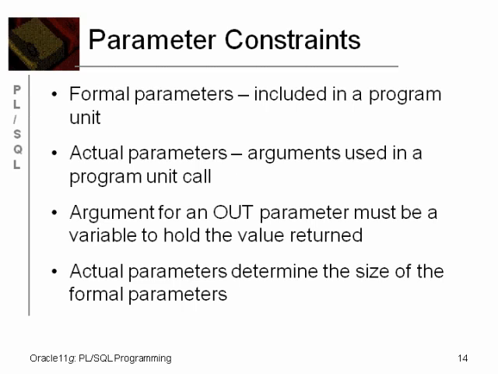The actual parameters are the arguments that are used in the program unit call. So when we call a procedure or a function, we're passing the actual parameters to substitute for the formal parameters. Make sure you understand the difference between the formal parameters and actual parameters.